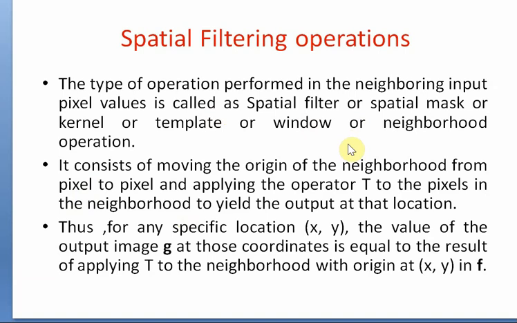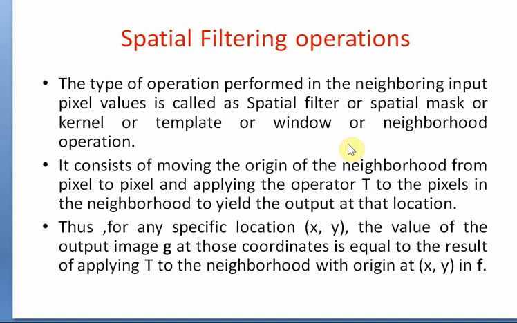In the point operation, the particular operation is applied on the input pixel value and the corresponding pixel value is changed in the output. That should satisfy the relation S = T(R).